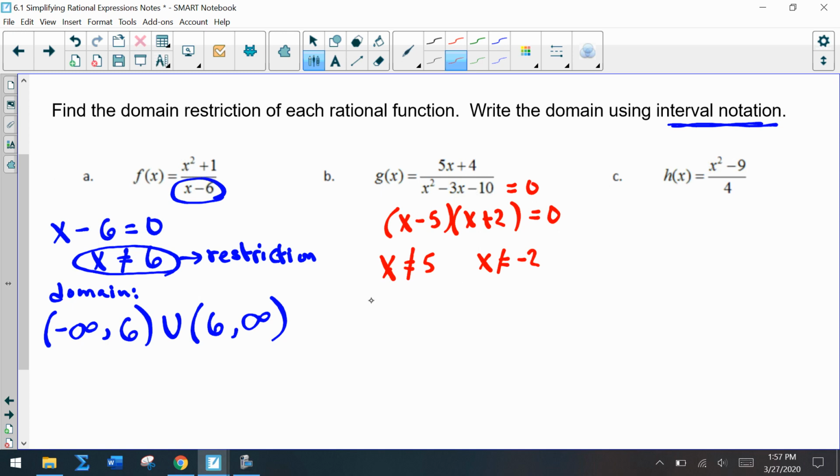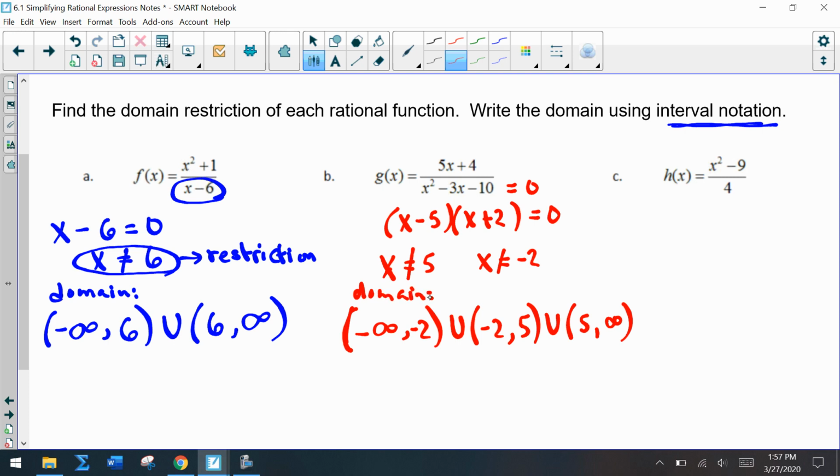So negative 2 would come first in my interval notation: negative infinity to negative 2, union negative 2 to 5, union 5 to infinity. So that reminds us how to write our domain in interval notation.